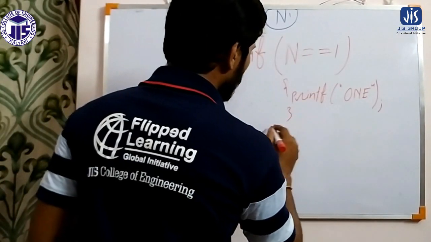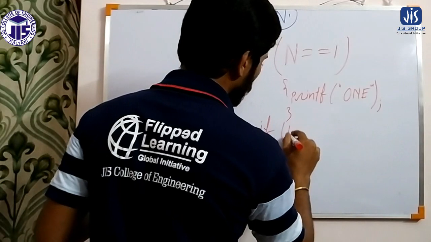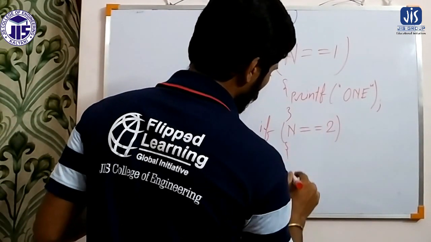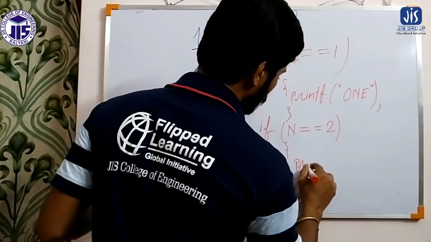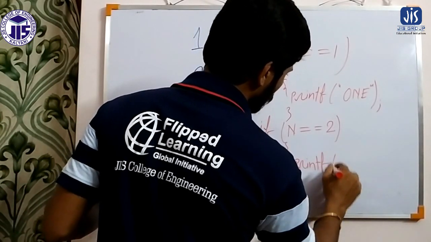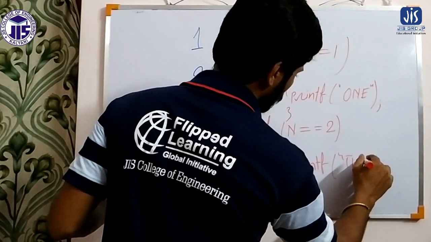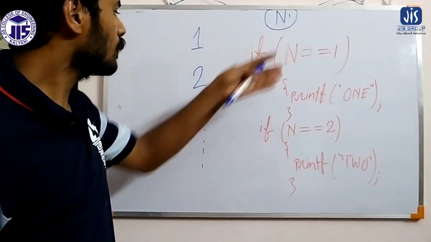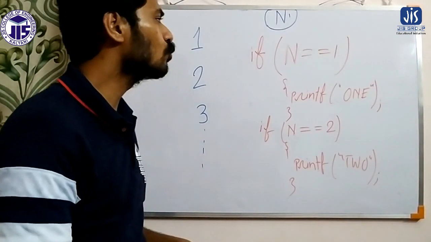Then if n is equal to 2, then printf 2. So in that way, we can do a program.